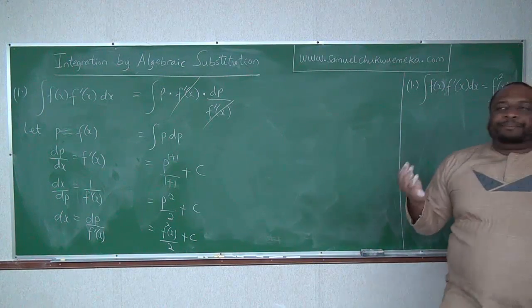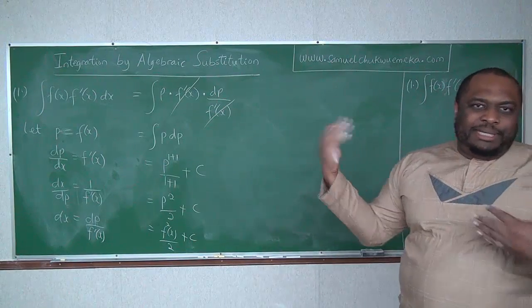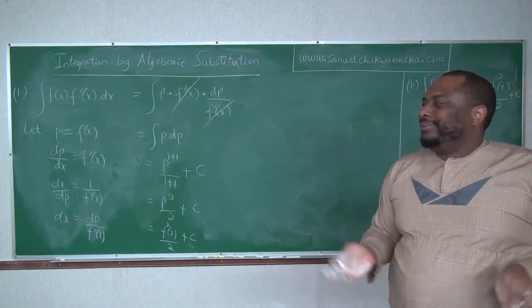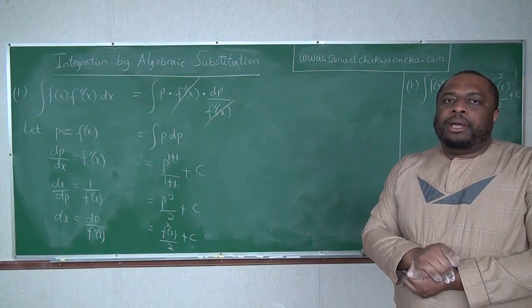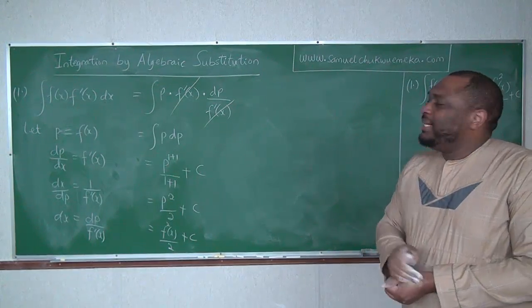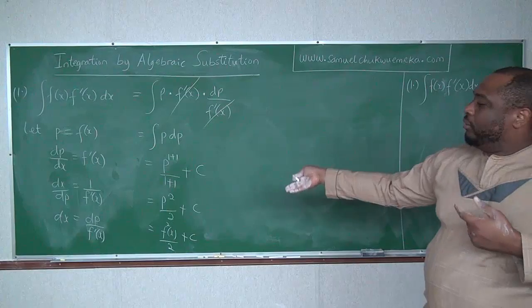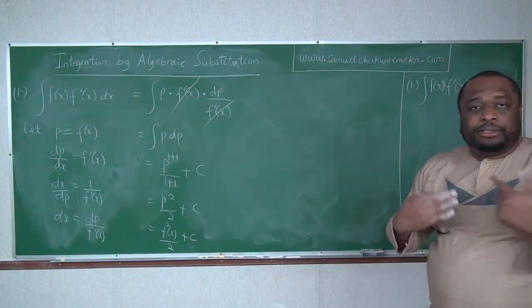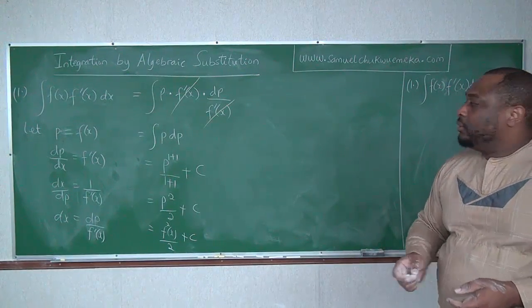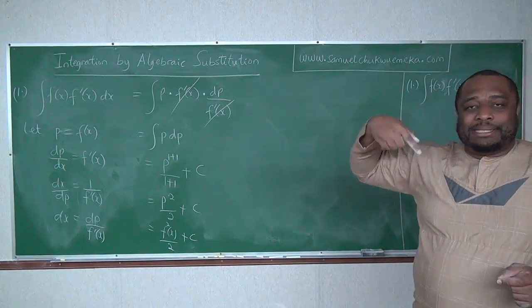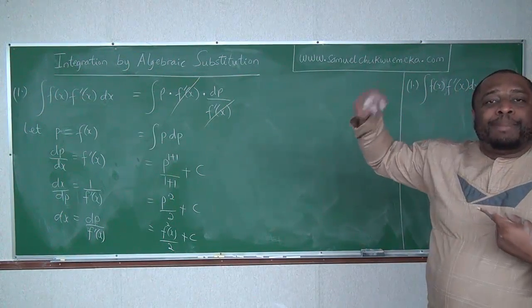If your professor gives you this, that's fine. If not, still no problem. But at least if you see this, you now know that we got it through algebraic substitution. Now, you will always substitute back.